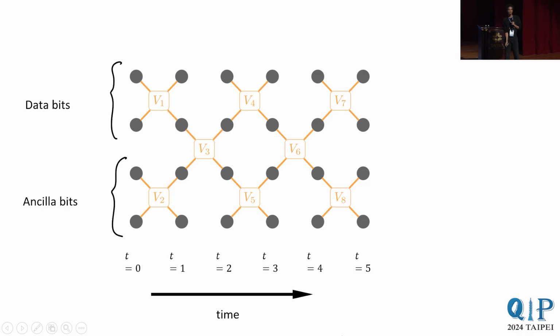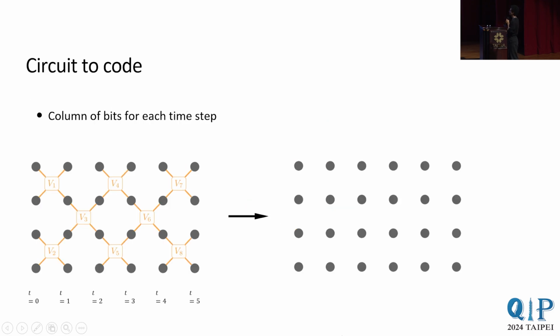Great, so it's going to be useful to visualize how the circuit works. You have the data qubits, you have the ancilla bits, you perform some number of gates over some amount of time, and the first step in our construction is that for every time step that our circuit runs for, we're going to add a new row of bits.